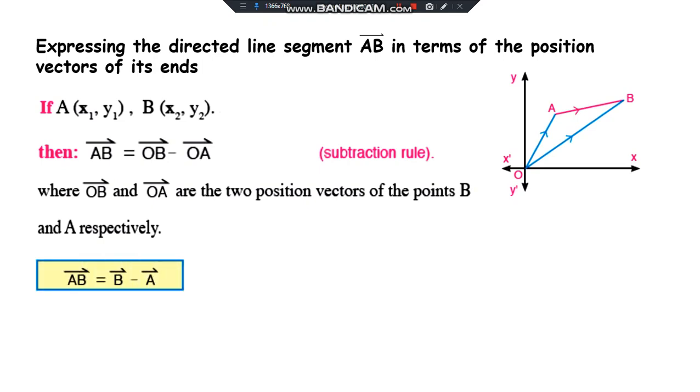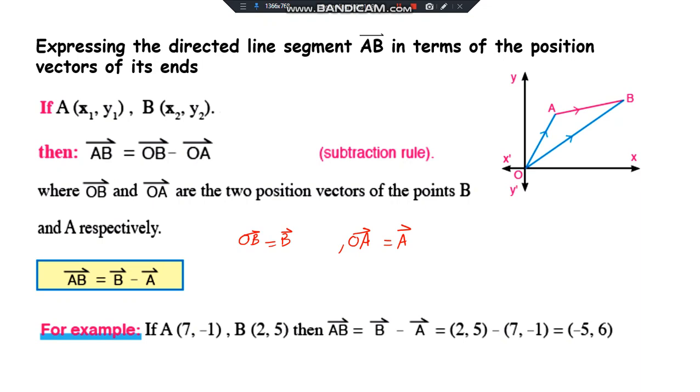So if we want to find the directed line segment AB, OB as a position vector is vector B, and OA as a position vector is vector A. So the directed line segment AB equals vector B minus vector A.